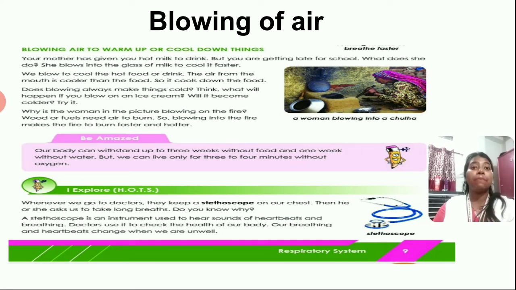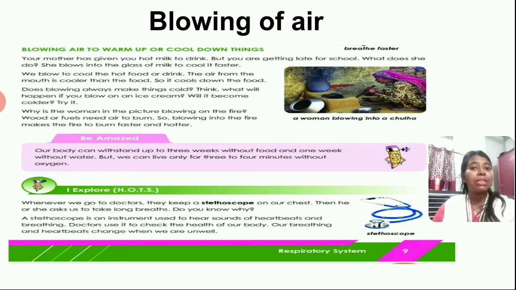But the same doesn't go with ice cream, because ice cream is chilled, and what we blow out may be a little warmer compared to the chilled ice cream, so it can make our ice cream melt. So we do not blow out air when we are having ice cream, isn't it?